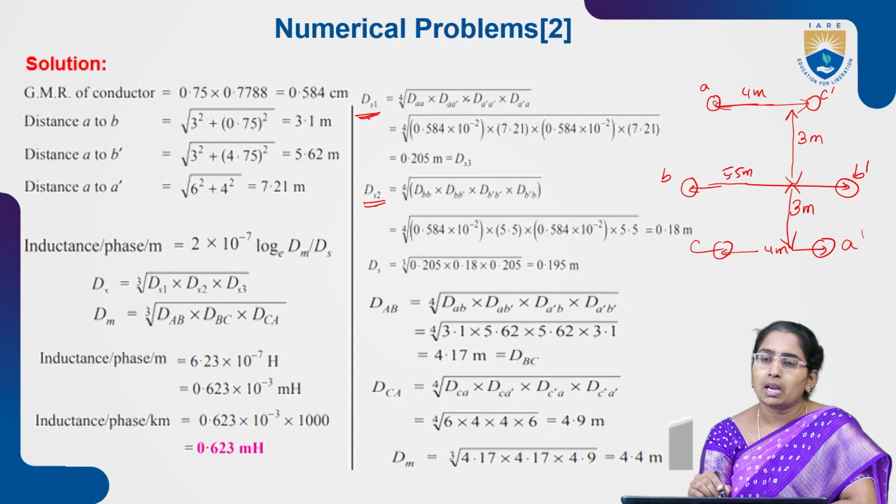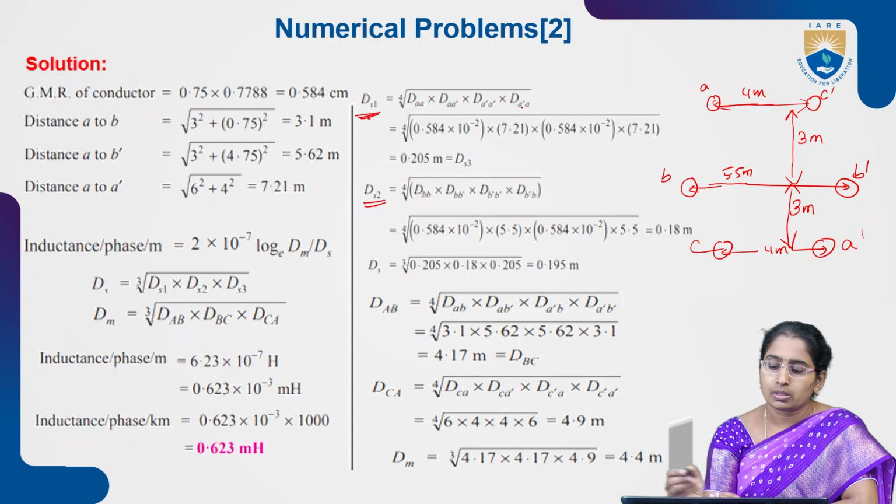So in A phase we have two conductors, A and A dash. That's why, fourth root of DAA, DAA dash, DA dash A, DA dash A dash.